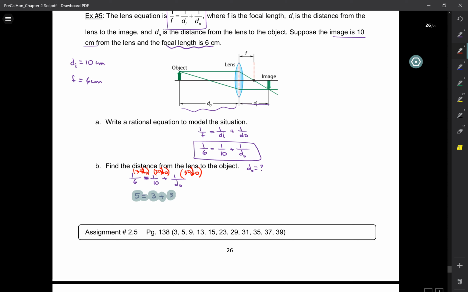That means this is 5do equals 3do plus 30. Okay, 2do is equal to 30. So do is equal to 15 centimeters. All right, thanks everybody. See you in class.